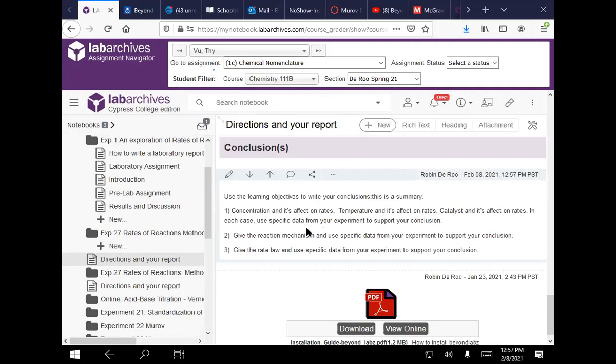So therefore, an increase in temperature increases the rate. These conclusions are, you make a statement, you use your data to back up that statement. If you just make a statement, anyone can do that, then you're going to lose points. You're going to want to use your actual data to support your statement.